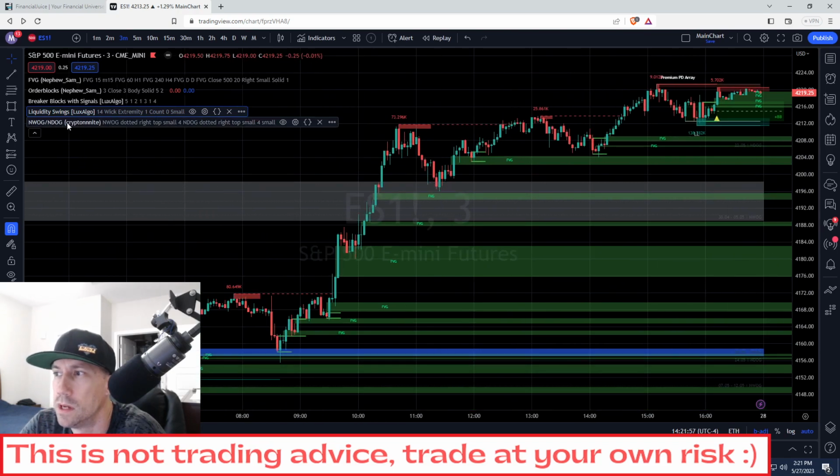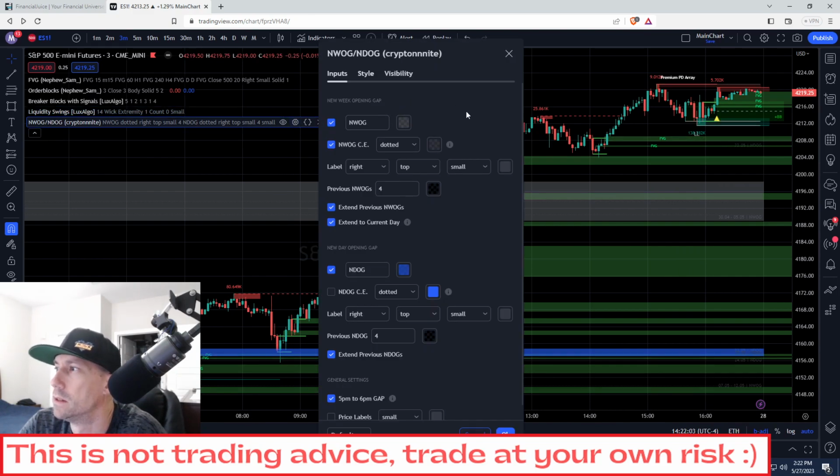And then also new week opening gap and new day opening gaps by Kryptonite. Just like that. And I have this checked, new week opening gap CE dotted. And that might be, that's right in the middle there. And I have extend previous new week opening gaps, and I have it by 4.